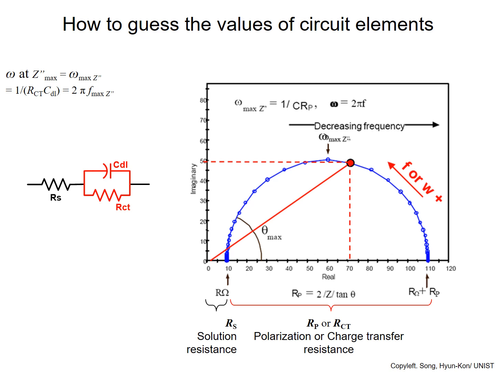You should use some software, as I have said in the previous slide, based on complex nonlinear least squares fitting. However, you could guess the values by your eyes and by simple calculation: RS, RCT, and then the capacitance of the double layer.